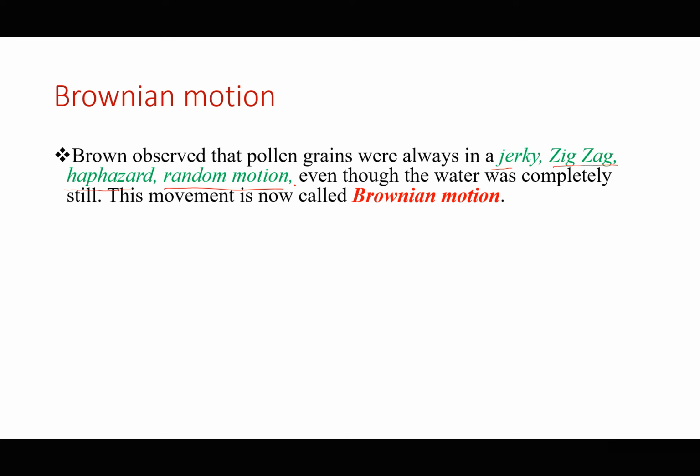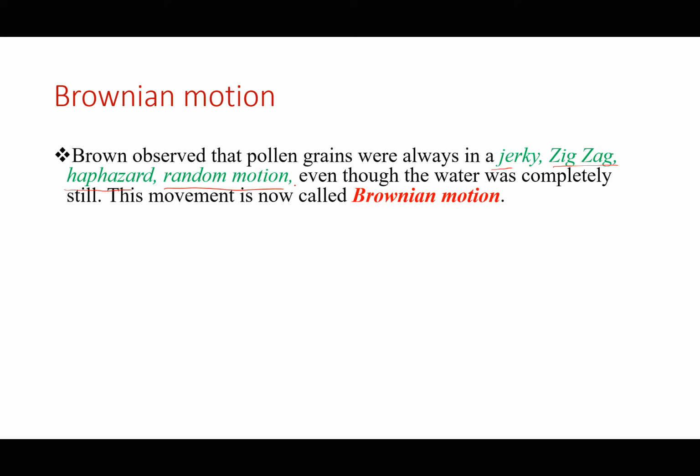But then, what is the significance or the essence of this motion? Let's think of water being completely still. Then why do the pollen grains move haphazardly or randomly on the surface of water? Think of a situation where you pour water in a cup and then place pollen grains on the surface.